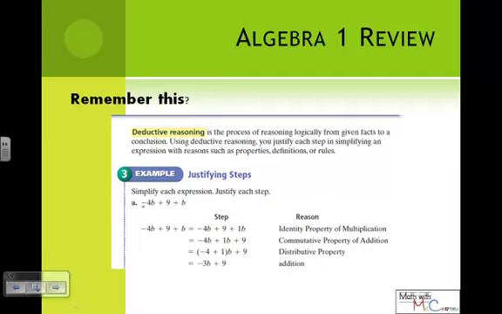So if you had a statement here like negative 4b plus 9 plus b and you were simplifying it, every time you completed a step of simplification, there was a property that you could use to justify that simplification. And so therefore, you were using logic and properties and facts and definitions and rules, and you were doing deductive reasoning to simplify that expression, which is just a short form of a proof.